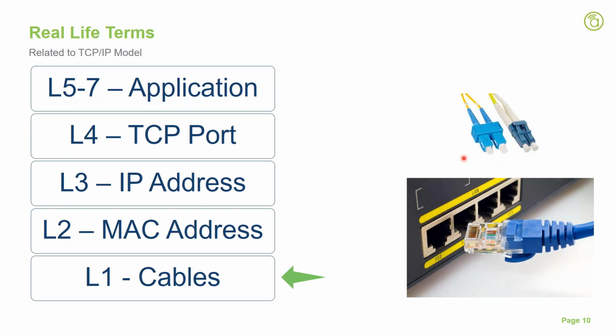All those technologies and standards revolve around layer 1, which is basically how we can carry an electrical signal or optical signal from one source to a destination. That's the way you see it in real life. Everything that you touch and feel in the network world is basically layer 1.